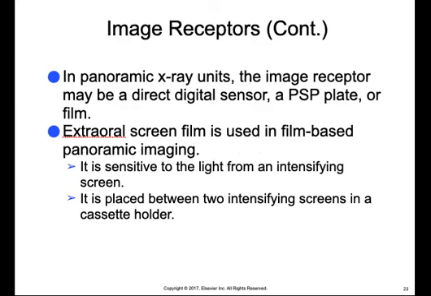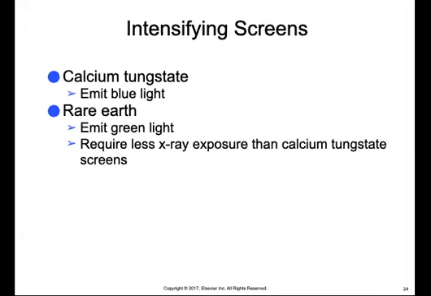So this is kind of the same slide here, but also wanted to point out that the film used in panoramic imaging is available in two sizes. It's usually a 5x12 or a 6x12. Two basic types of intensifying screens are used: calcium tungstate and rare earth.